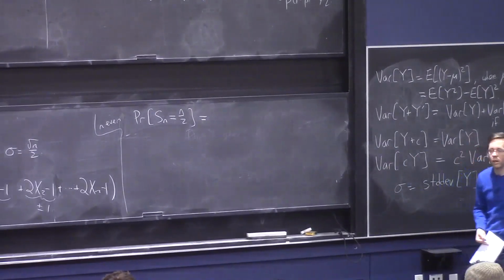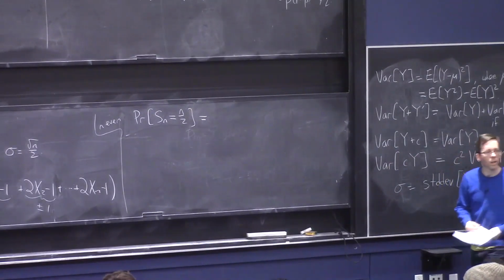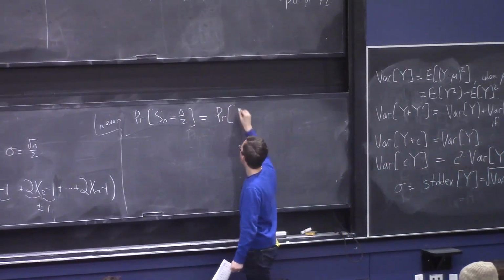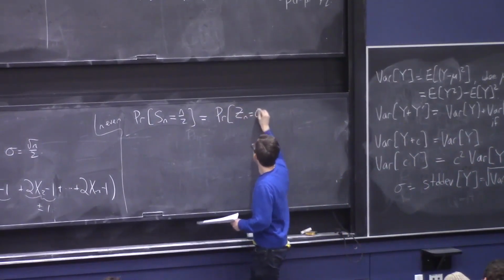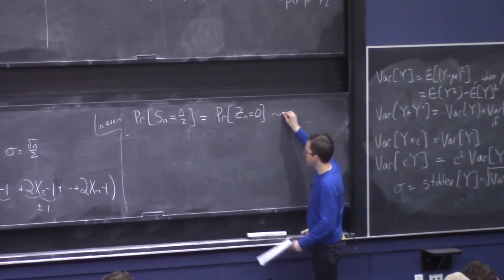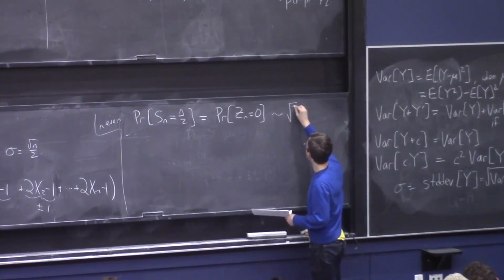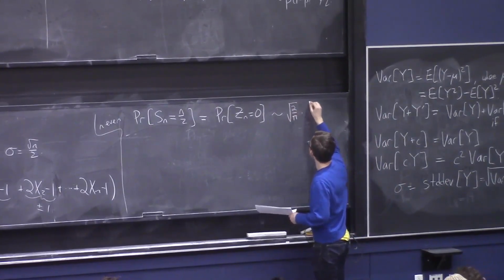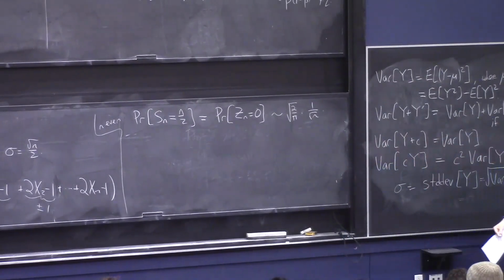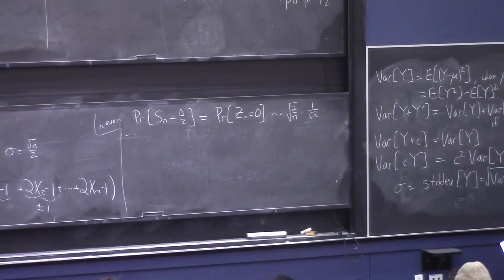Yeah, it should be 0. What was your name? Chris. Thanks, Chris. It's equivalent to the probability that Zn is 0. And as I mentioned last time, this is asymptotic to root 2 over pi times 1 over root n by Stirling's formula. Or, less precisely, it's big theta of 1 over root n.